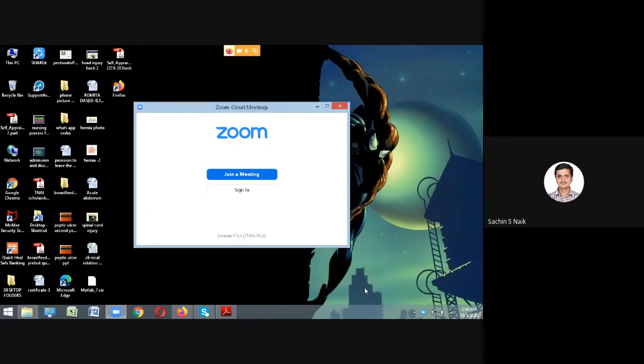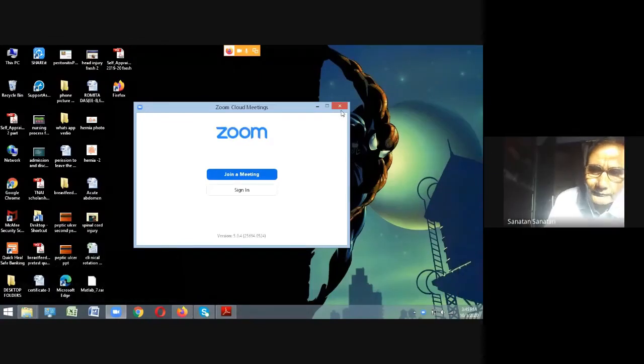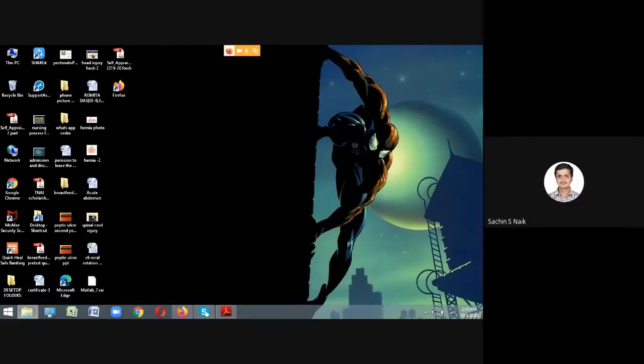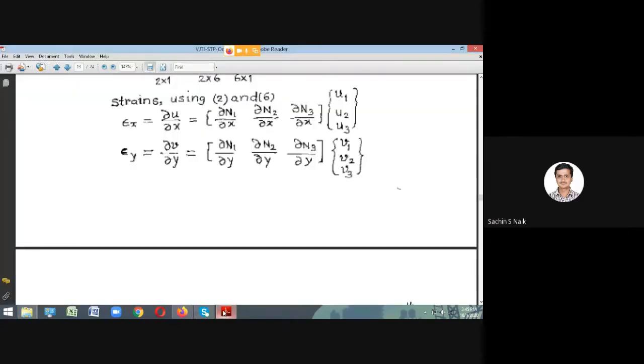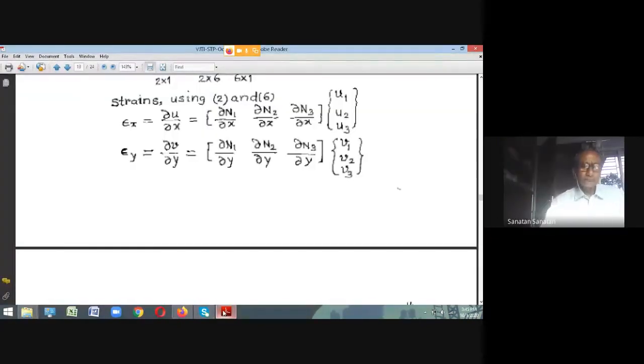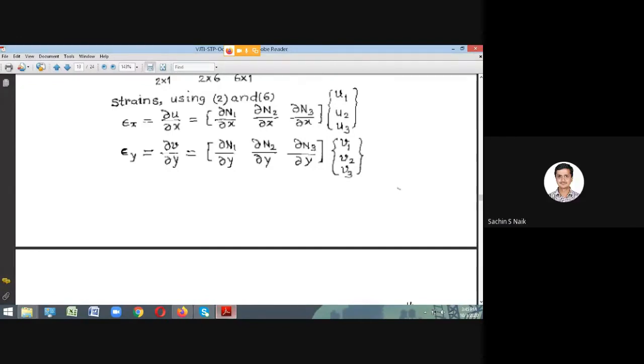No, this is Zoom. Close this. I see an icon there, the Acrobat Reader, that red icon at the bottom. Yeah, that one. Okay, perfect, great.